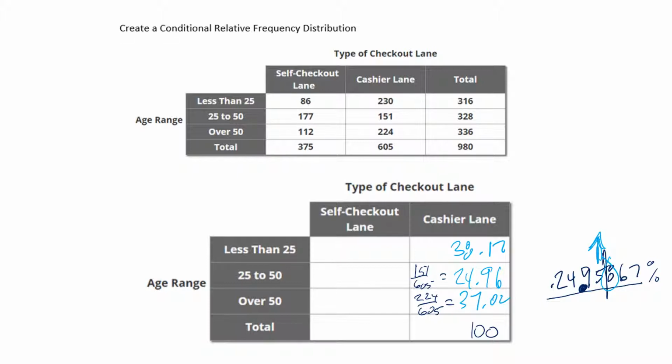Oh, 30.02, my bad. I lost that data. So, once again, if we add up these three numbers, we get 100%. Alrighty, on to the final part.